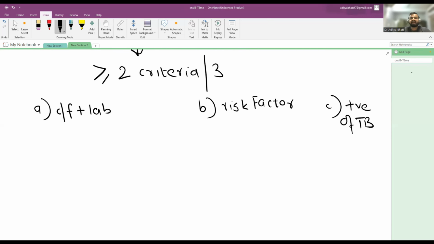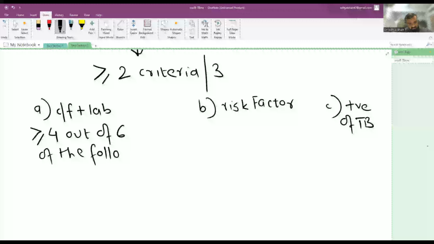Now, criterion A, the clinical features plus lab, is positive if 4 or more out of 6 of the following sub-criteria are fulfilled.